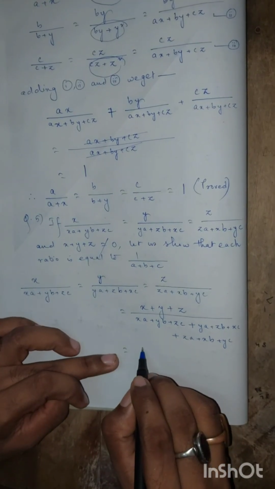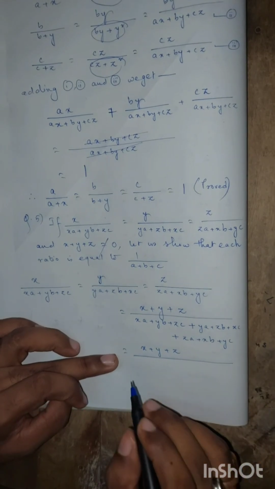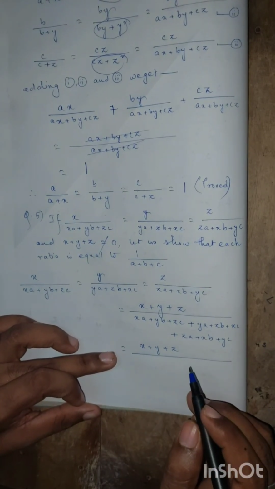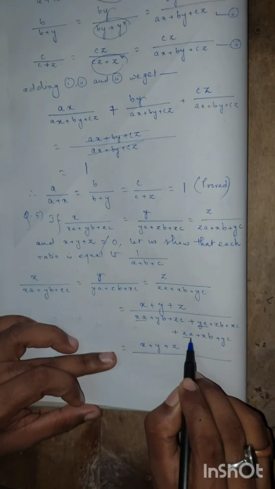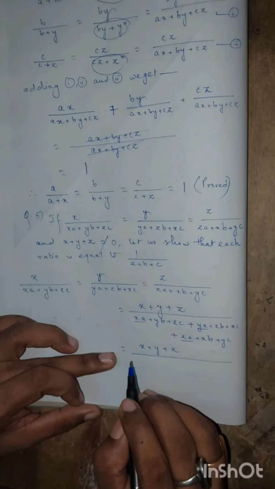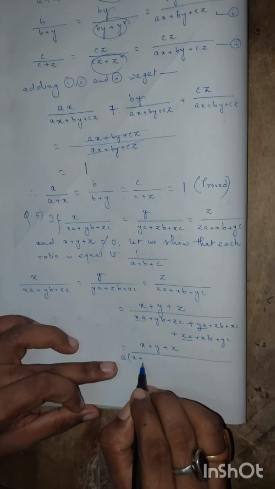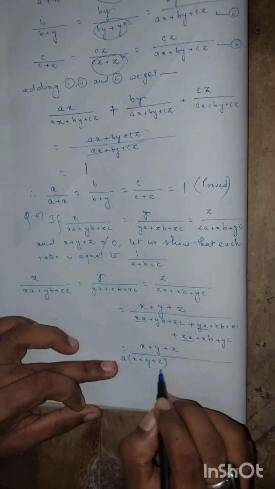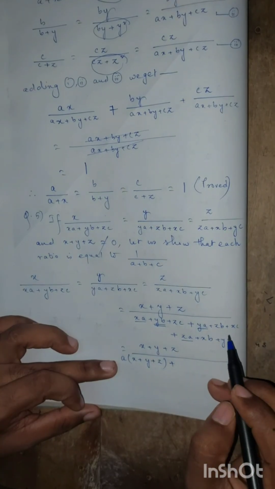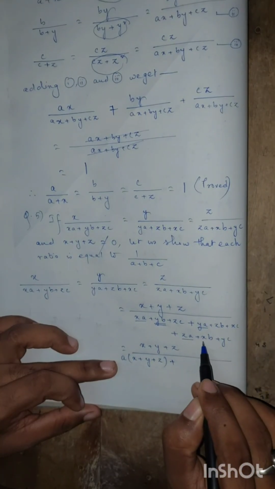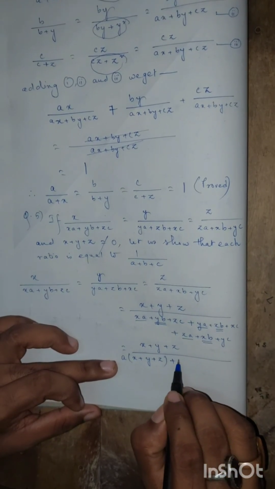equal to, okay, from these three terms we can take a common. So we can write a into x plus y plus z plus from these three terms we can take b common.